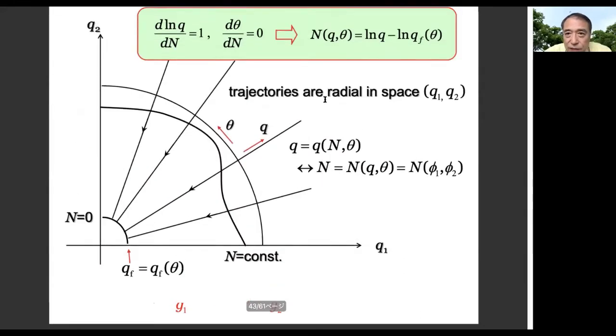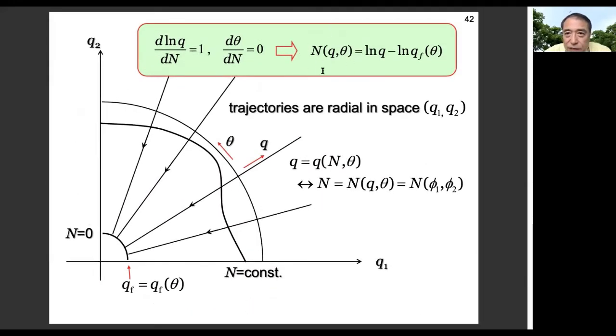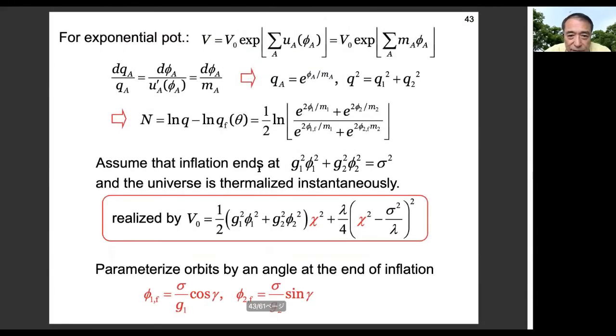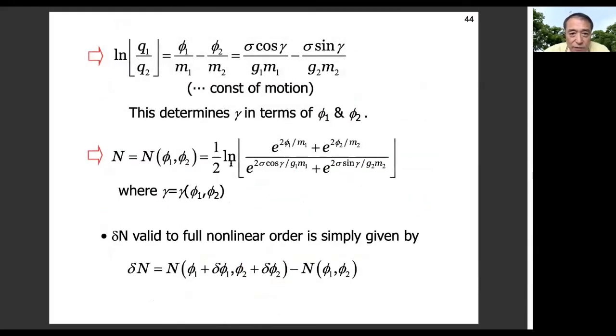I'm just writing everything down, and you have this explicit form in terms of the original scalar fields phi 1 and phi 2. Then you can easily obtain the number of e-folds for a given initial value of phi 1 and phi 2, which is given like this. In this way you solve for the number of e-folds.